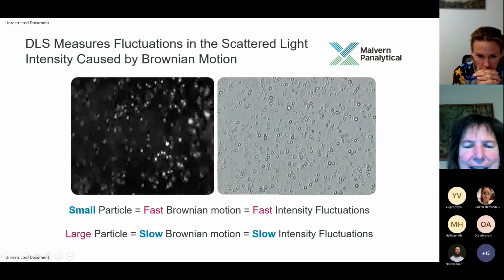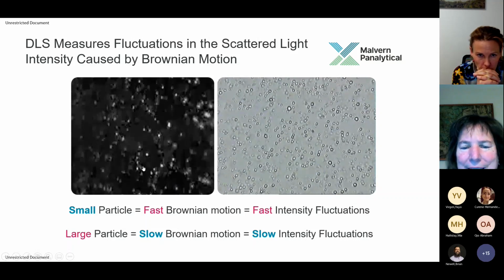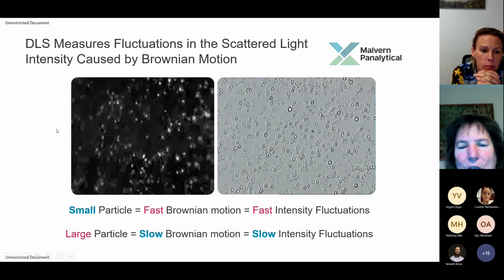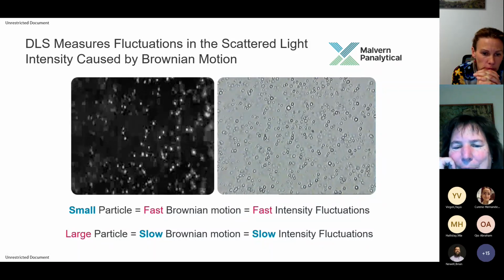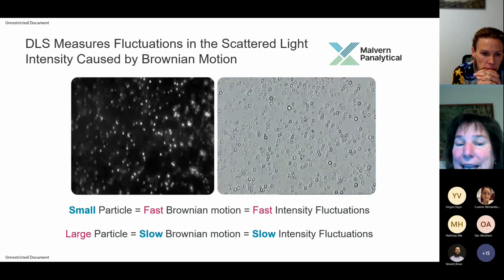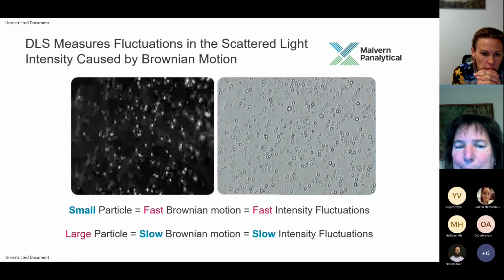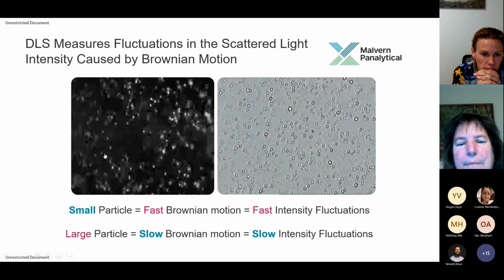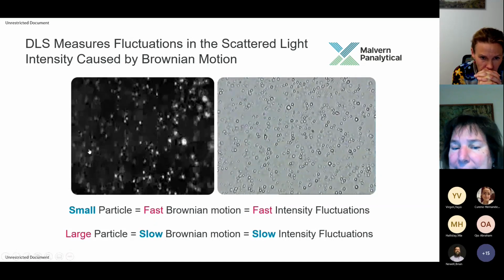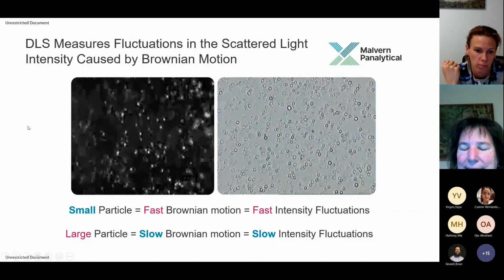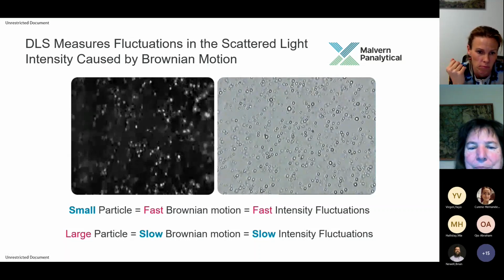And this image is actually taken from a Nanosight instrument where we look at the scattered light of particles in solution and obtain a particle size, again, by the diffusion rate of these particles. But this is really the basis of how a dynamic light scattering measurement is made.